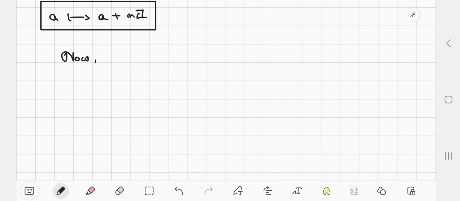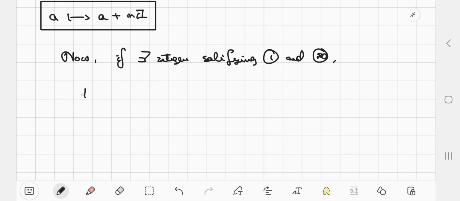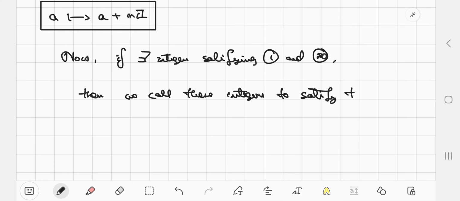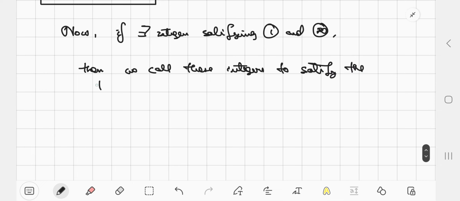Now if there exist integers satisfying 1 and star, then we call those integers to satisfy the Diophantine condition 1.